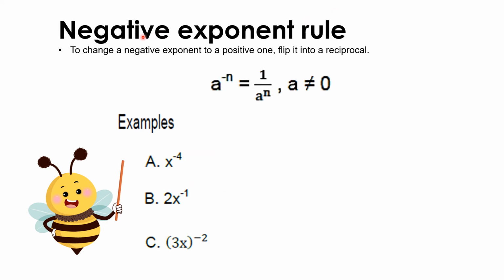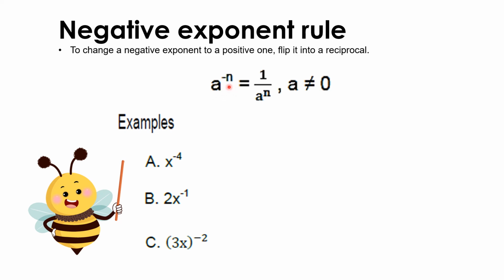So the last law is the negative exponent rule. I have already discussed it sa pangalawang rule, I think. So negative exponent rule, kapag may nakita kayong negative na exponent, to make it positive, you just flip it into a reciprocal. For example, we have a raised to negative n.